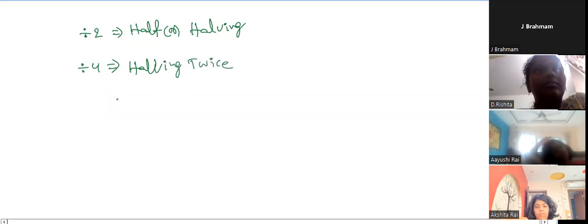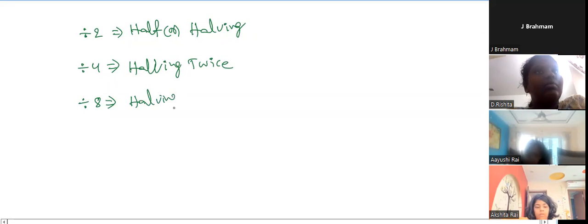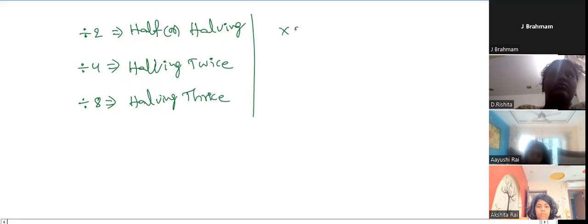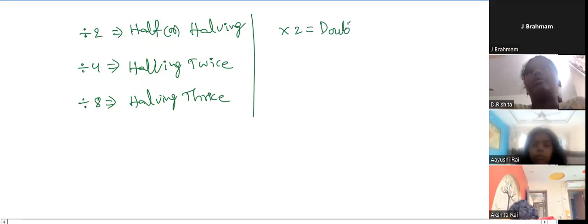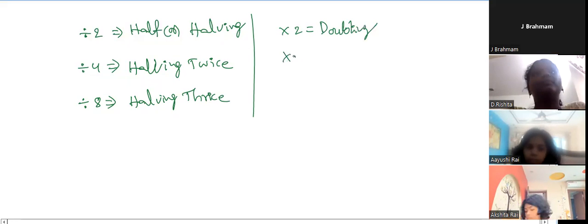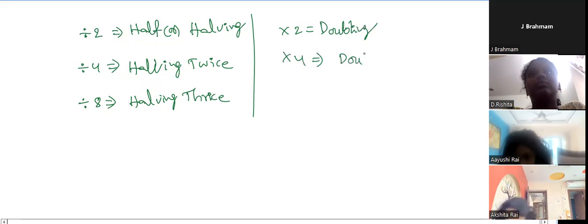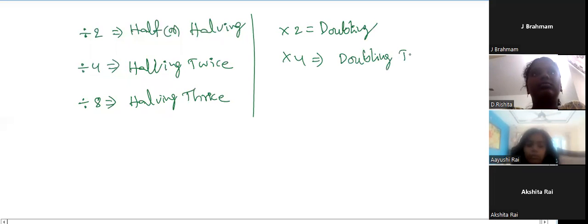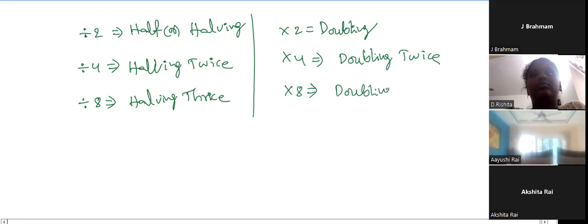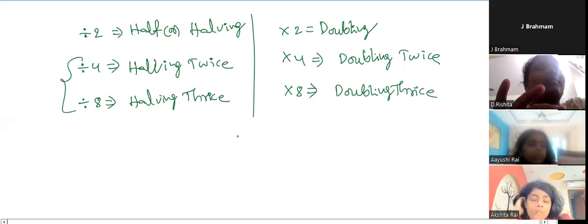Division by 8 is halving thrice. I think in the last class we saw this one. Multiplication by 2 is doubling, multiplication by 4 is doubling twice, and multiplication by 8 is doubling thrice. And we'll see these two also now.